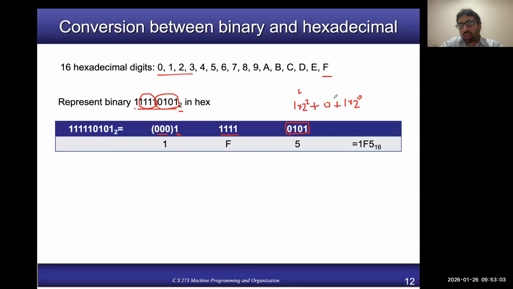So this will become 4. This is 0, plus this will become 1. 4 plus 1, 5, right? In the same way, you can convert this one into the decimal form, and it will be 15.